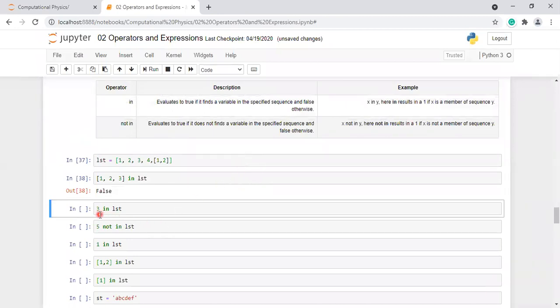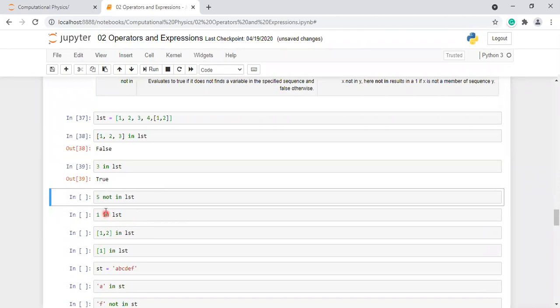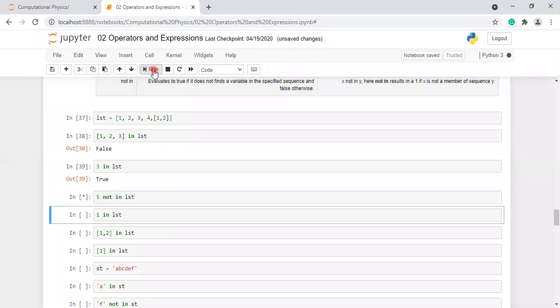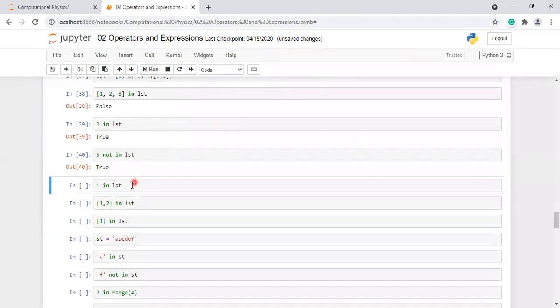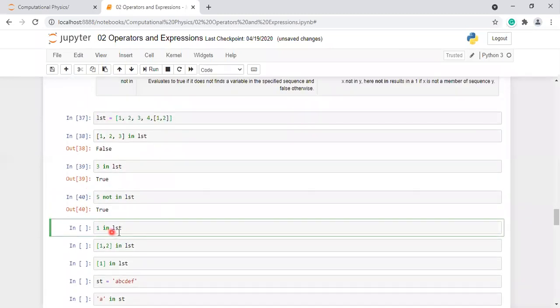So 3 is a member of lst, so when I run this it should give you true. Next, the number 5 with not in: is 5 not a member of lst? It is not a member of lst, so the answer should be true. Is 1 a member of lst, true or false? True.